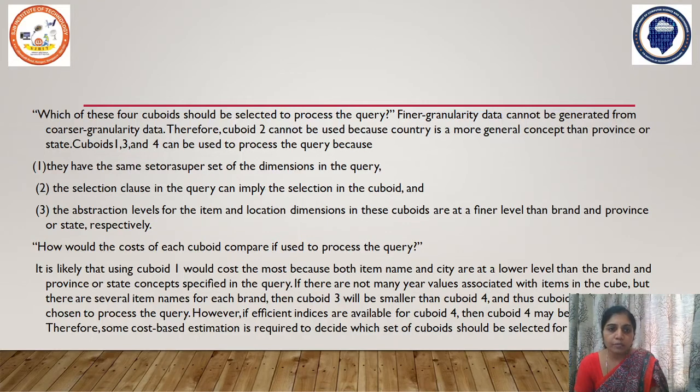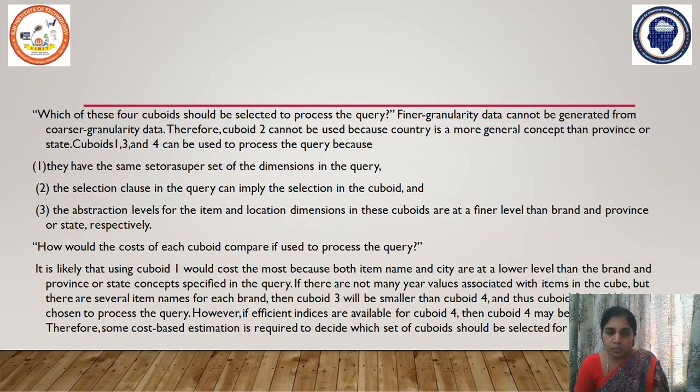So how would the cost of each keyword compare if used to process the query? It is likely that using keyword 1 would cost the most because both item name and city are at a lower level than the brand and province or state which are specified in the query. You should keep this in mind because finer granularity data cannot be generated from coarse granularity data.